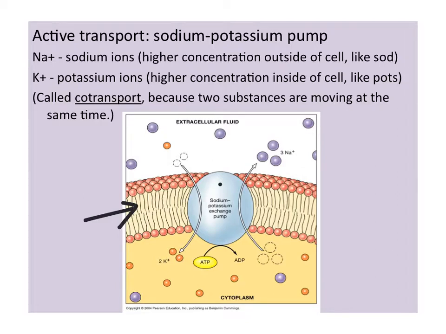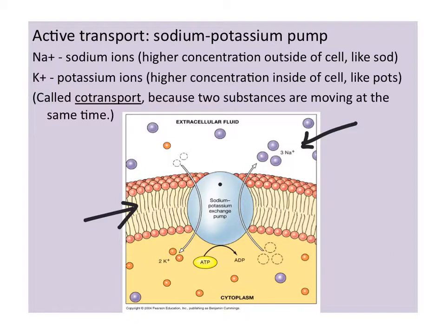Now, what occurs in many living things is that there is a higher concentration of sodium, represented right here by the purple dots. Sodium is abbreviated Na. The symbol is Na for natrium, which is the Latin word for sodium. And it generally is at a higher concentration outside the cell.